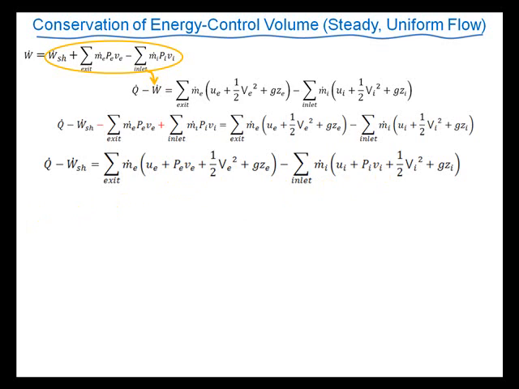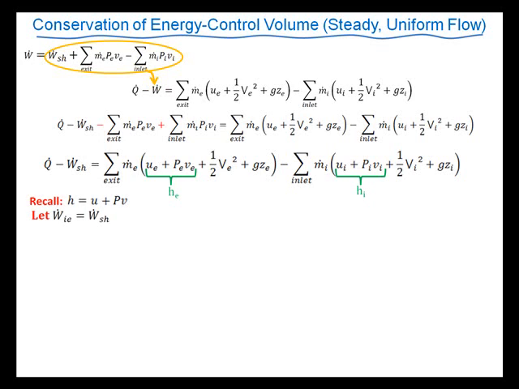I hope you recognize that that is a property we've discussed earlier, a thermodynamic property called enthalpy, which is a convenience property that was generated specifically for this purpose. So I can replace that with enthalpy, something I could look up in a table if I had two other thermodynamic properties by which I could fix a state. So we have enthalpy at the exits and enthalpy at the inlets.